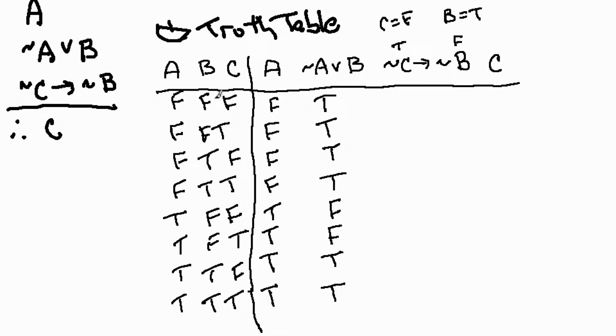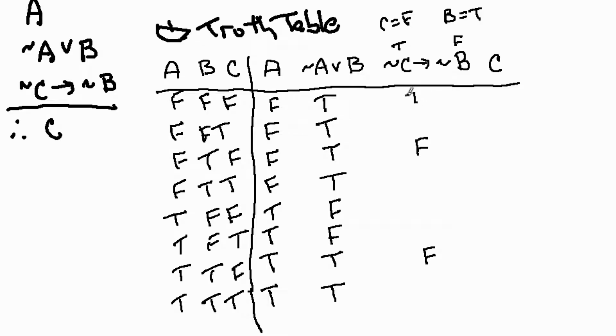So I come over here and when B is true and C is false, so it's going to be false over here. When B is true and C is false, it is false over there as well. Okay? In every other one of these situations, this statement's going to be true.